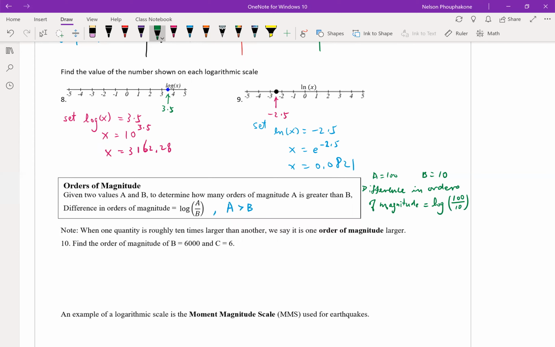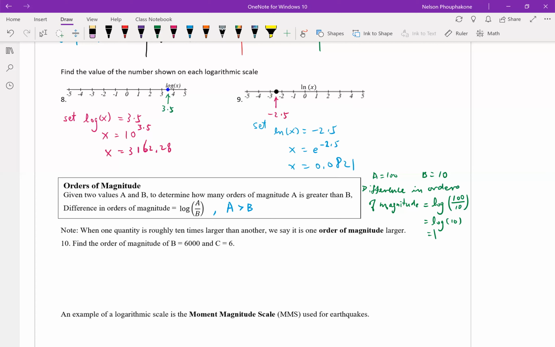Then you will see that I have log of 10, and log of 10 is equal to 1. So this is the idea.